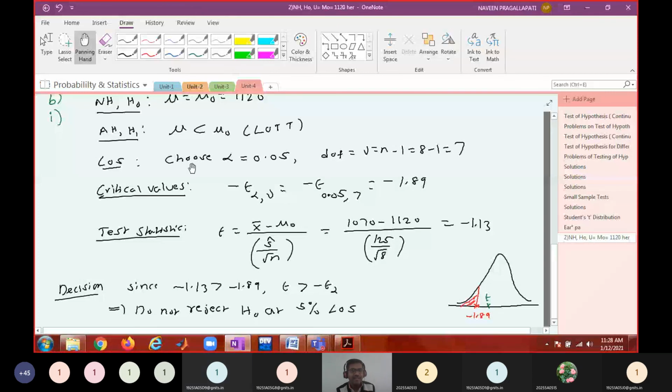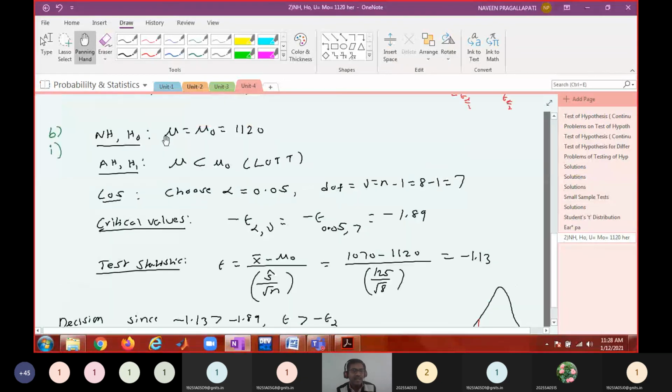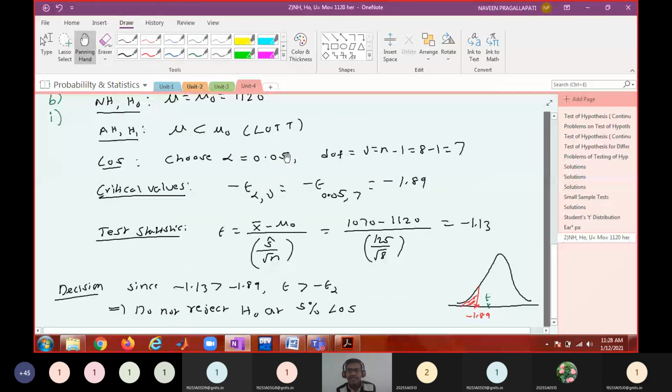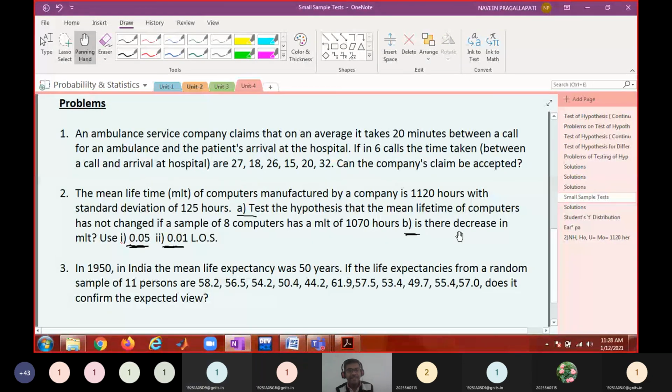We are not in favor of H1. We are still believing that mu equals mu naught only. The conclusion: there is no significant decrease in the mean lifetime at the 5% level of significance. Write that, and don't simply write there is no decrease. There is no significant decrease. Is it okay?